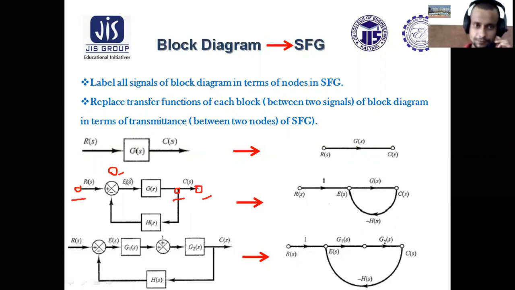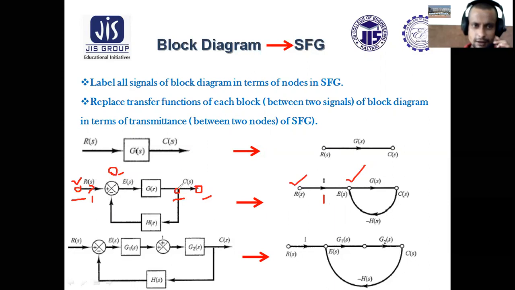Now see, this is the input node. In between the input node and the summing point node, there is no block, so what can we say? This is 1. So a gain of 1 is given here. See here, all these nodes are marked by the signals.